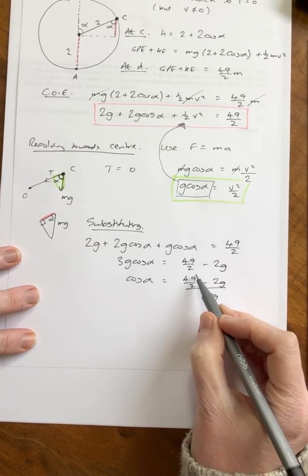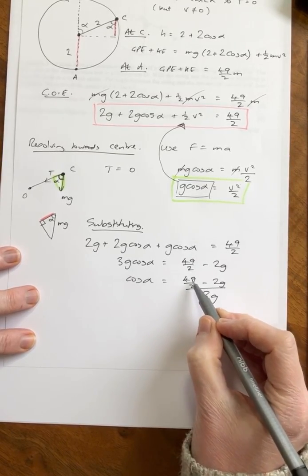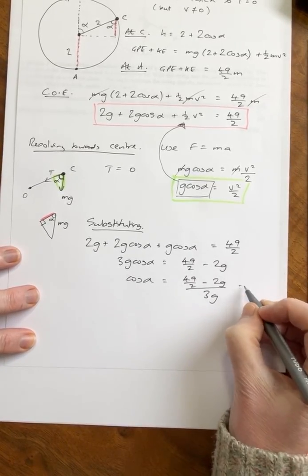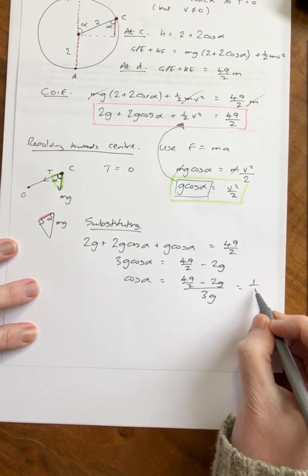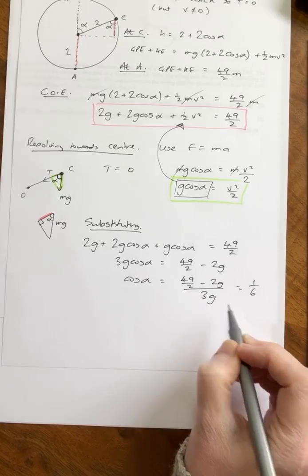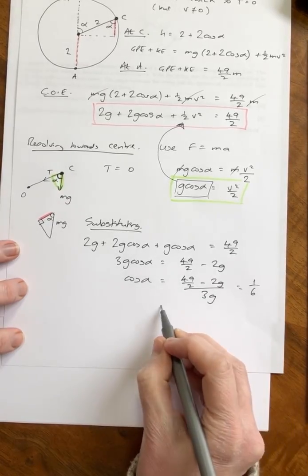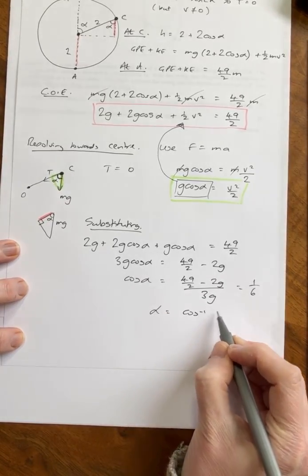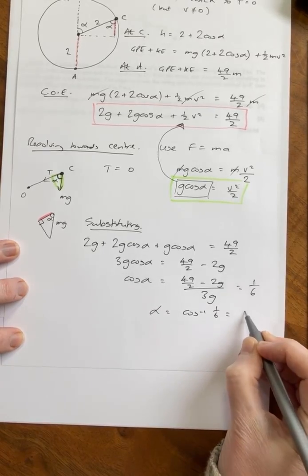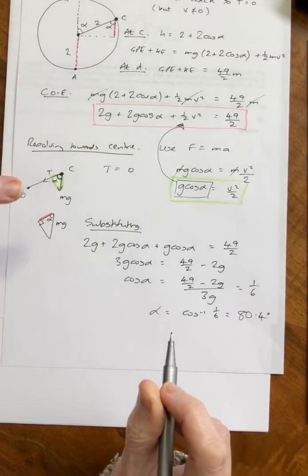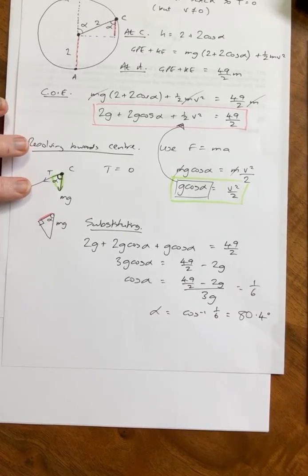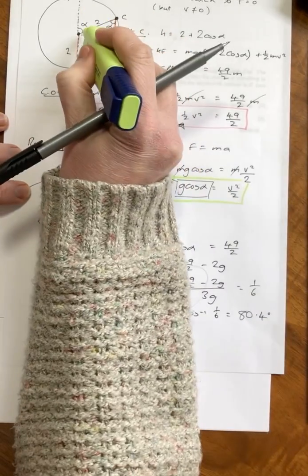When you work this out, because of course that's really in terms of g as well, we actually get 0.16 recurring, which is 1/6. All of the g's would cancel, leaving me with 1/6. So alpha is equal to inverse cos 1/6, which is 80.4 degrees. The one thing I have to be careful of, of course, is that we were working out theta, weren't we?